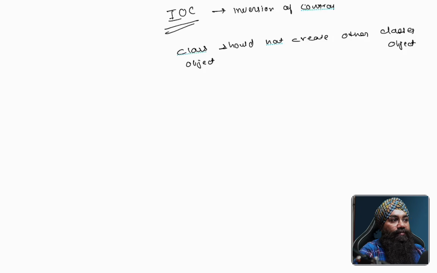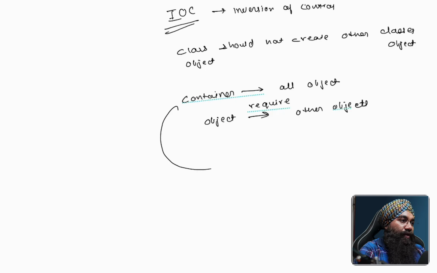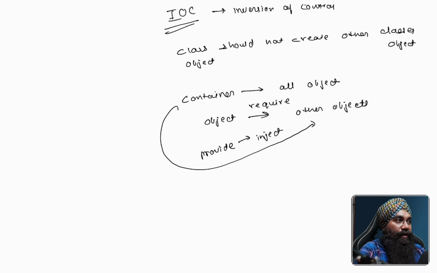Instead, there should be a container which creates all objects, and whatever objects require other objects, the container should provide them, or we can say inject them. The container will inject the other objects that a particular object requires. First of all, the container will instantiate one copy of all the objects, A, B, C, D, E, F.